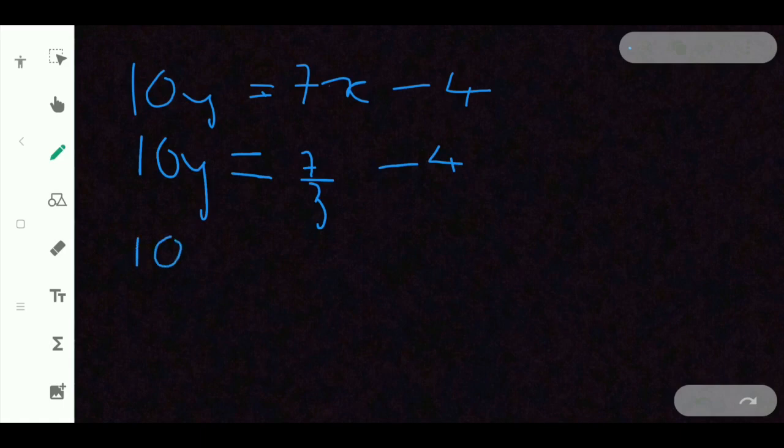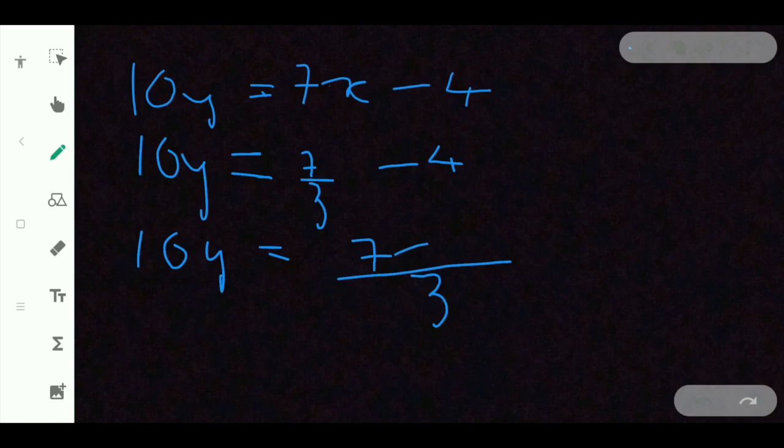10y is equal to, by 3, that is LCM. So here it is 7 and minus 4 into 3 is nothing but 12. 10y is equal to minus 5 by 3.